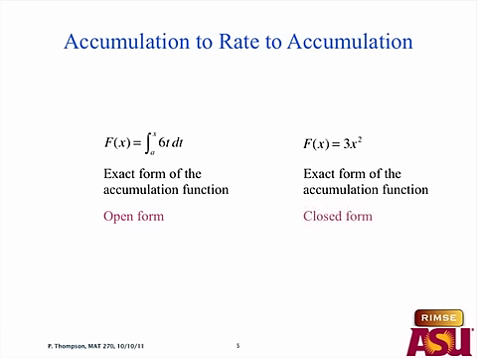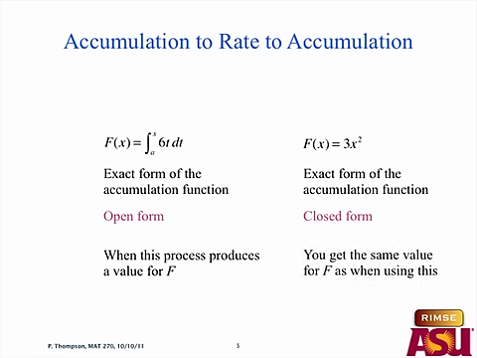The direct function that just, well, all we have to do is plug in x and it tells us how much is accumulated up to that point, that's our closed form. So like I said, when this process of adding up all the little bits produces a value of total accumulation, we get the same value as if using this function.